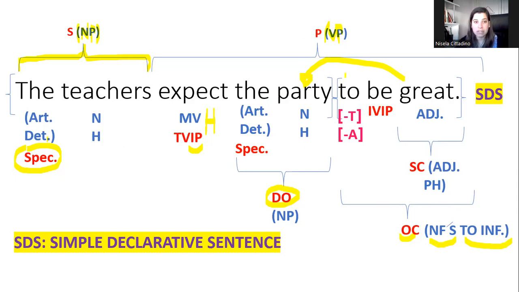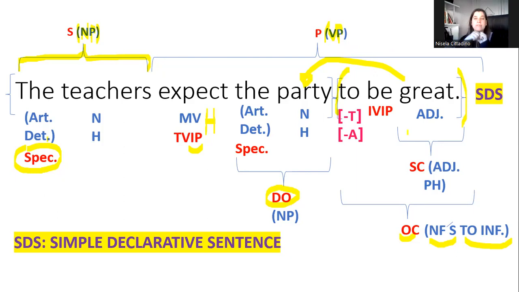Remember that we analyzed the parts of the sentence. So the teachers is the subject. Expect the party to be great is the predicate. And to be great is the non-finite clause to infinitive. Okay? So now that we have the clause to be great, we are going to analyze it inside.